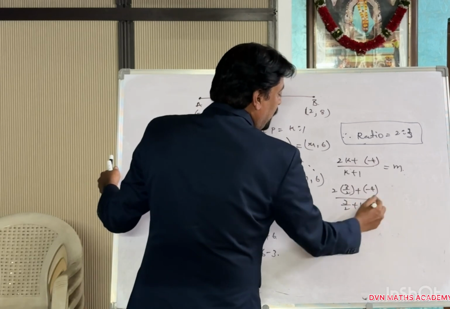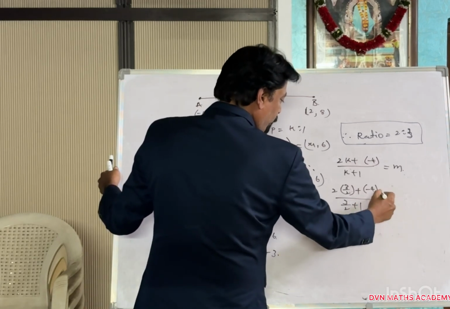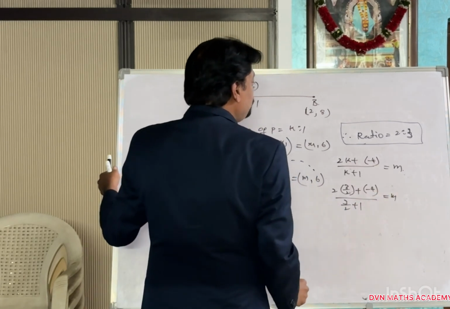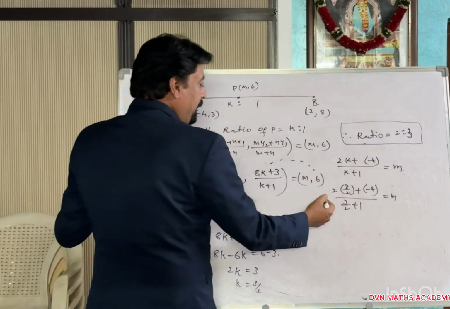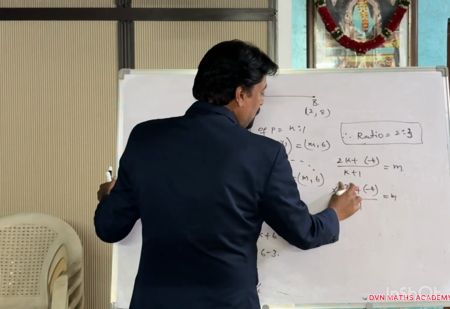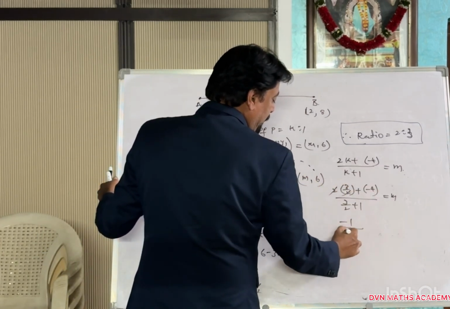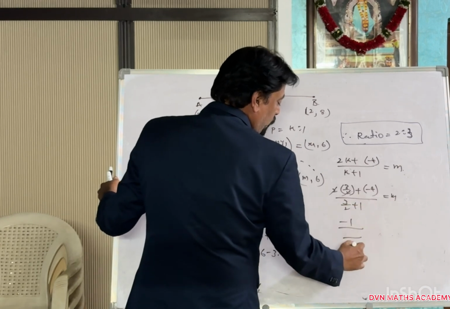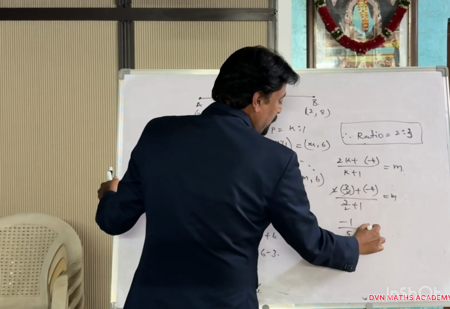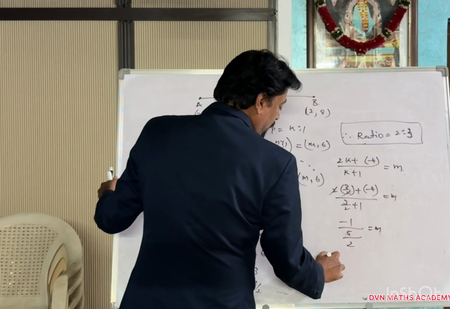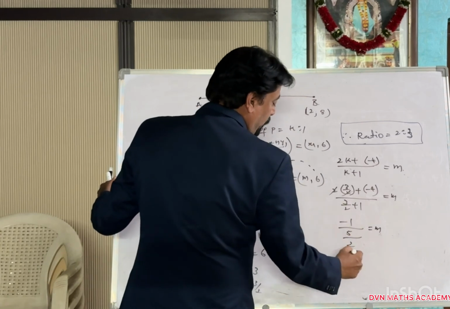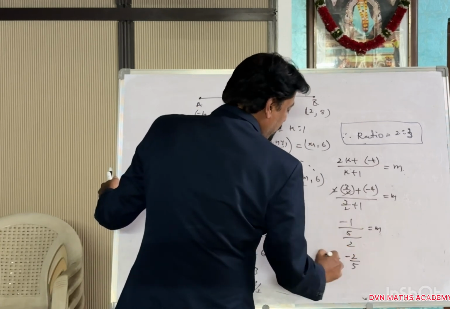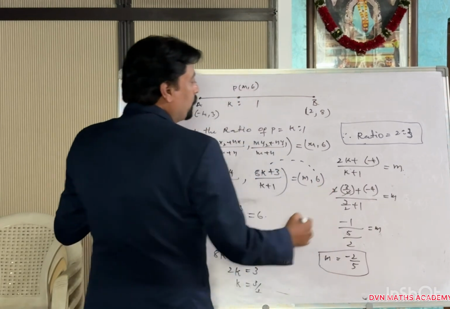So this is minus 1 by, if you go for the LCM 2, 3 plus 2, 5 by 2 is equal to M. Therefore, M is equal to, if you go for the reciprocal, minus 2 by 5. So the M value is minus 2 by 5.